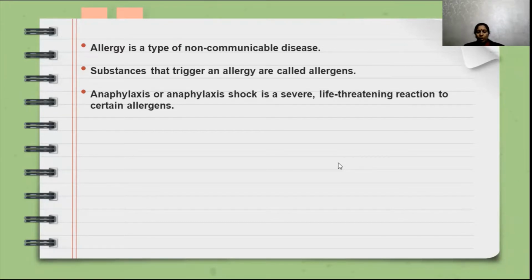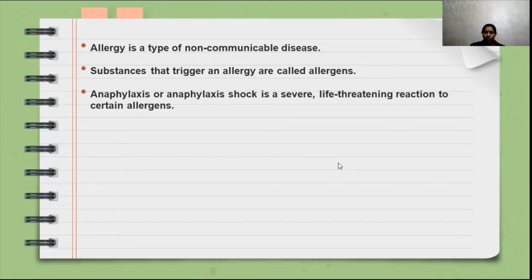Some people may be born with diseases such as sickle cell anemia, some people may choose unhealthy behavior, and people may be affected by environmental pollution. So different kinds of non-communicable diseases can be caused by these reasons, and allergy is a part of non-communicable disease.